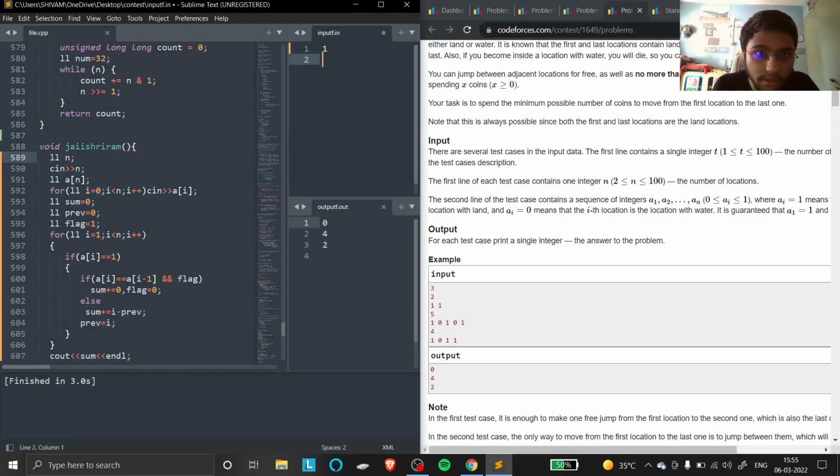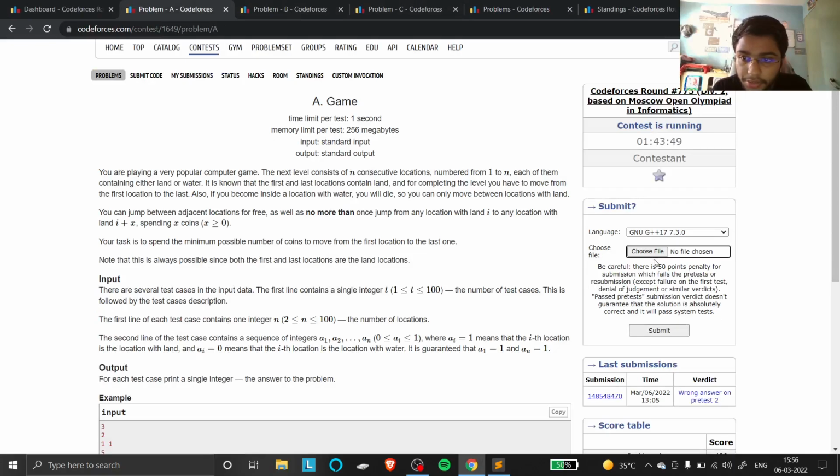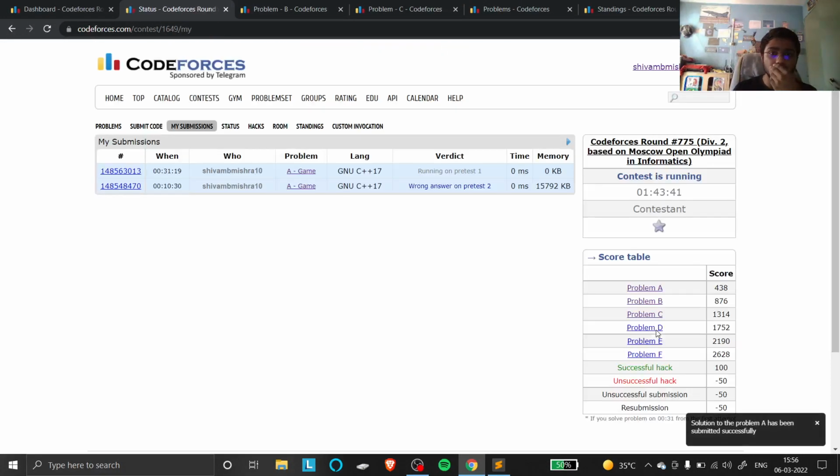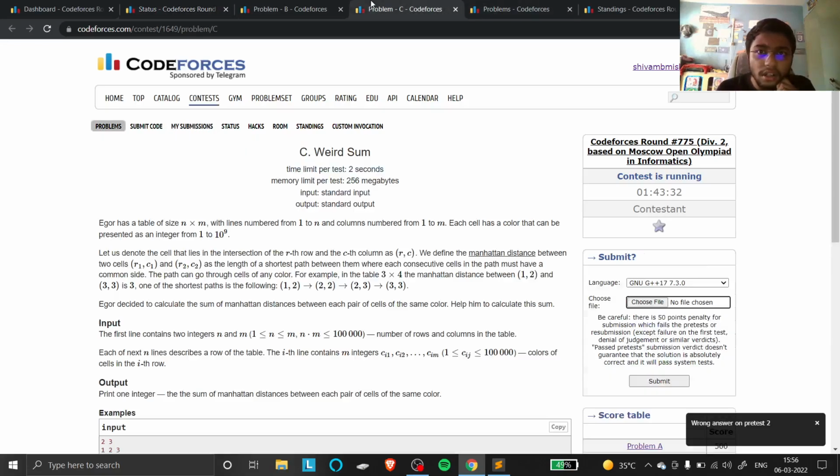So let's see 1, 5, 1 comma 1, 0, 1. Here no, but here charge 1, then 2, 3. Yeah, like this it would work, and I think it should give the right answer. Again, wrong answer.